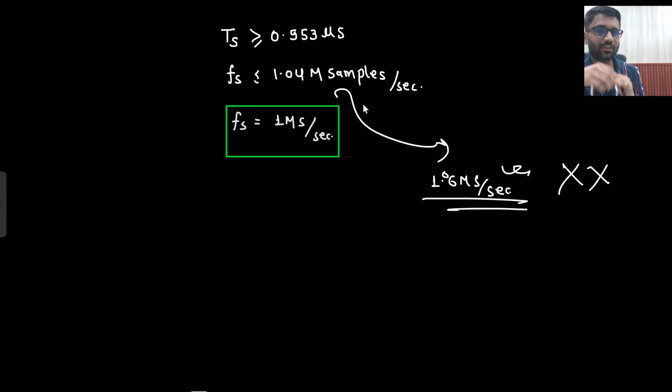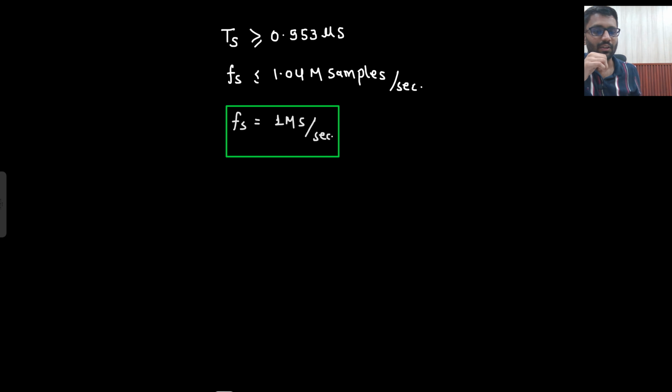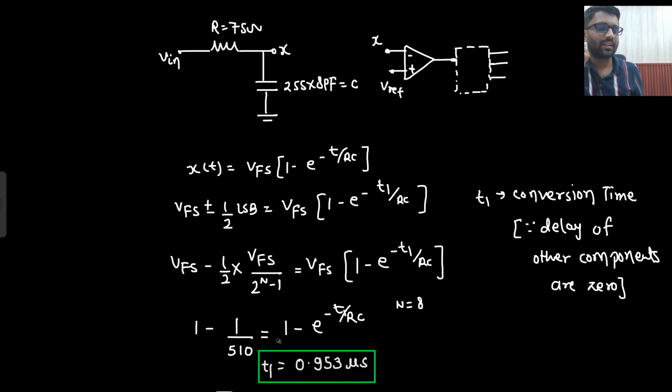So I hope you have understood the core concept here: first there is a sample and hold circuit. You should give at least the conversion time to it, so that it can convert, then you should apply the next sample.